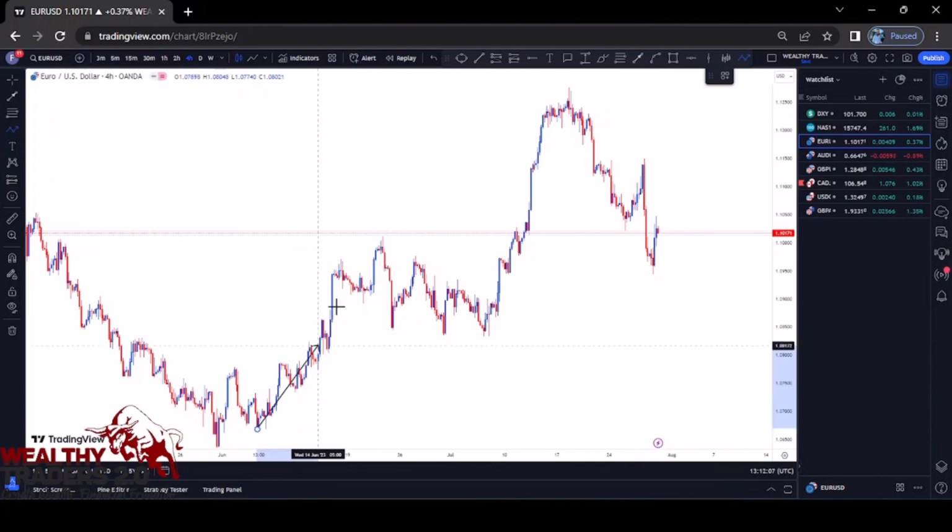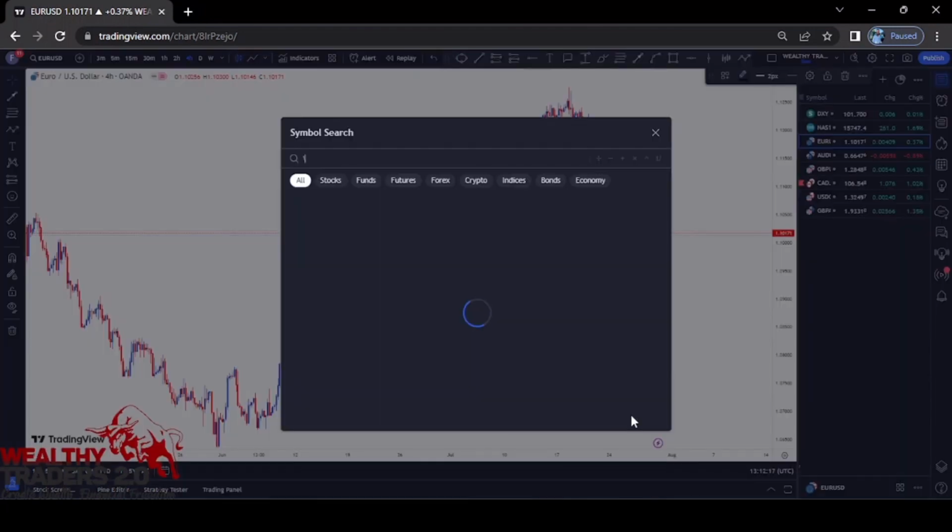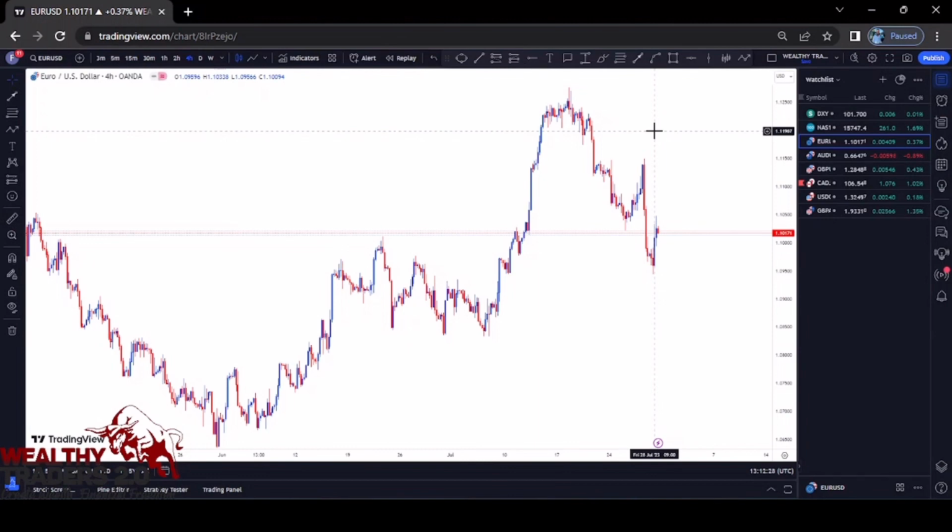Here we are having a nature theory going to the upside. Impulse, correction, impulse, correction, impulse going to the upside. You see, so now the DXY is negatively correlating with this pair, because one has the USD on the right, Euro USD, and the other one starts with the USD.